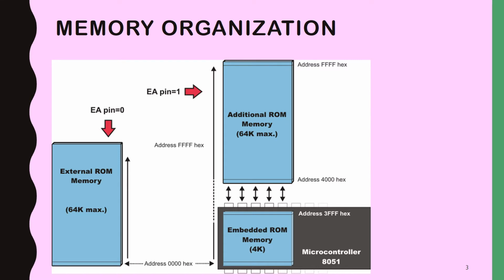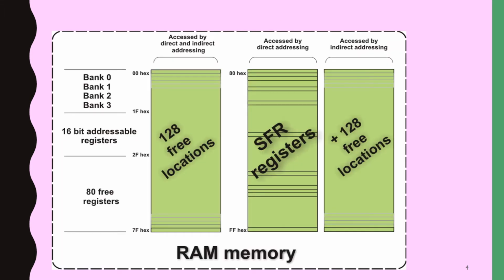Then second, here you can see the internal data memory. 256 bytes of internal data memory is available, depending upon which particular version of 8051. The locations available to the user are from 0 to 7F, the first 128 bytes, and mostly 80 to FF can be addressed indirectly, the upper 128 bytes being kept for that.